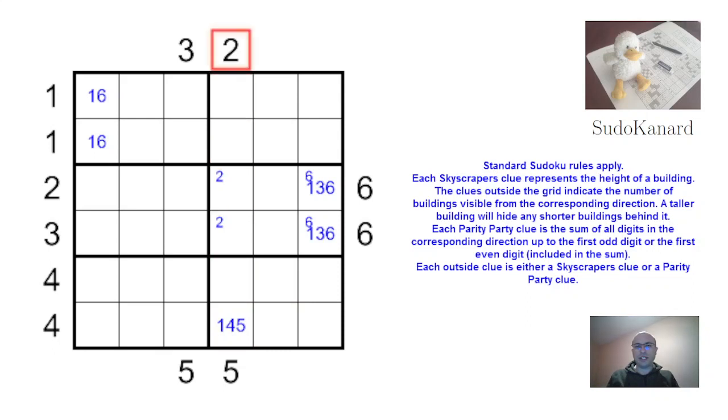Just know that this is a skyscraper's clue, doesn't say much. So here, we saw that a skyscraper here wouldn't work because we put a 6 here. This digit would be hidden. So what was the logic again? Oh, this would have to be a 4, the Parity Party clue. So this would have to be 2 or 3.